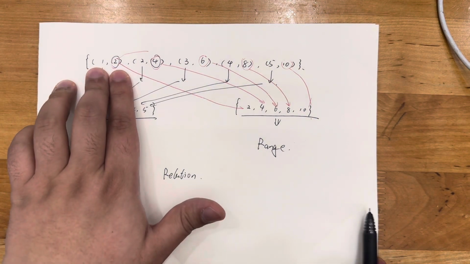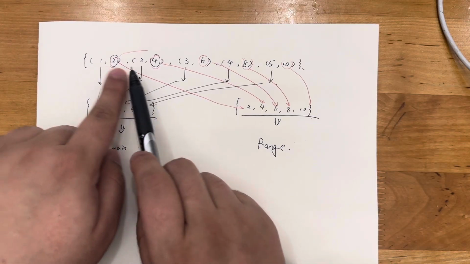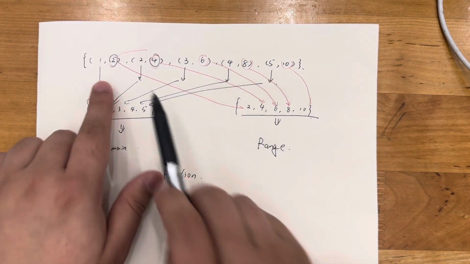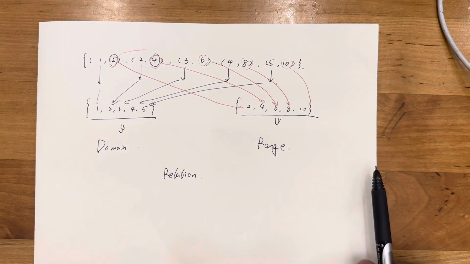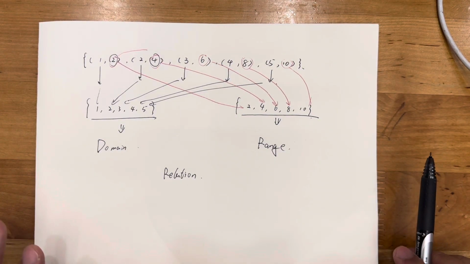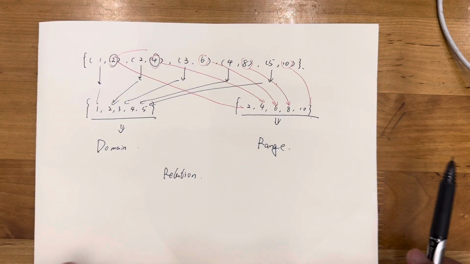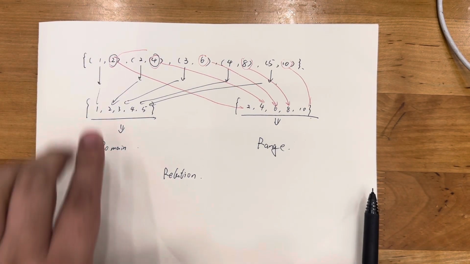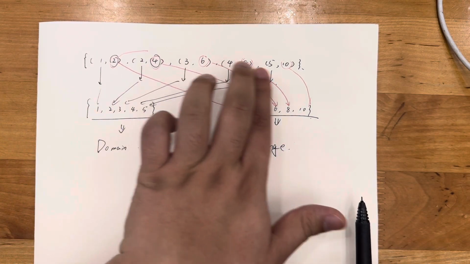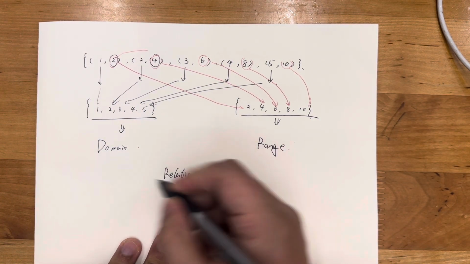Why? Because they follow a certain order: 1, 2, 3, 4, 5 and the second, 2, 4, 6, 8, 10. They follow a certain order, and each is a pair. So this whole thing is called a relation.